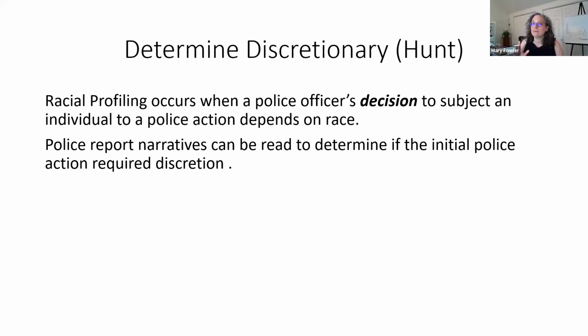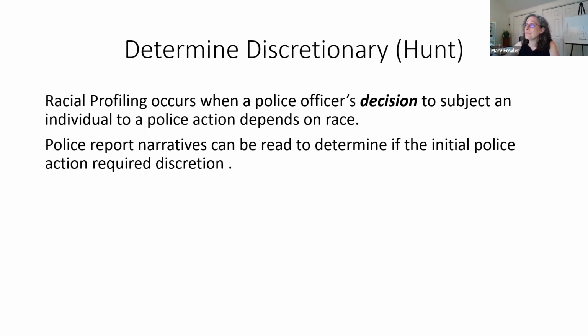So I'm gonna share my screen here. We want to talk about this idea of racial profiling occurs when a police officer's decision to subject an individual to a police action depends on race.